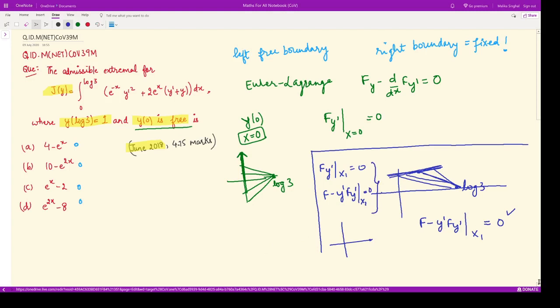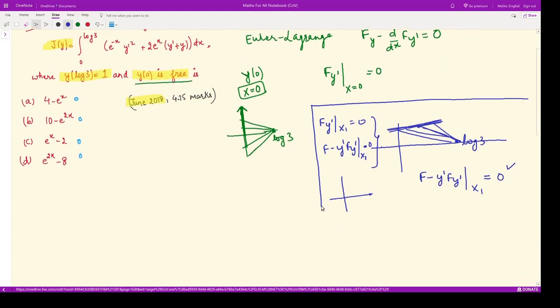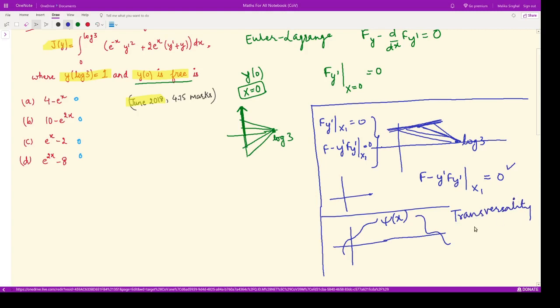One more case is there. If they have specified that your extremal moves on a certain curve, say this, that is, if the left end point is moving along a certain curve or the right end point is moving along a certain curve, then your conditions, which are known as transversality conditions, are specified.